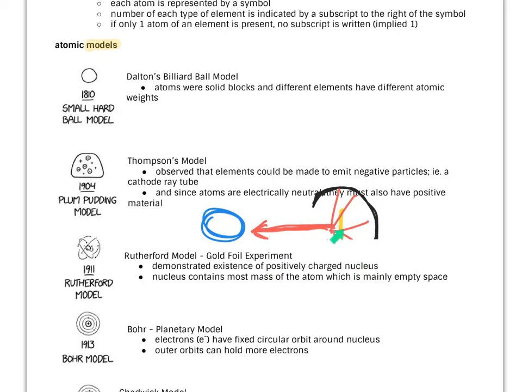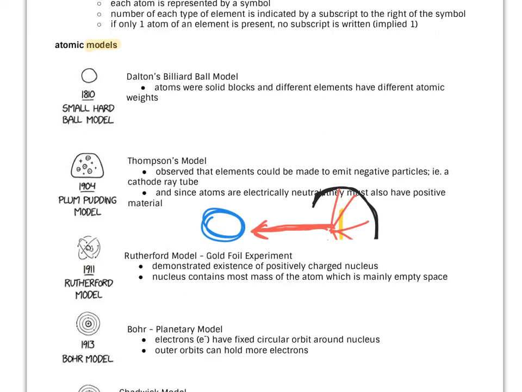There has to be something pretty dense in the middle of an atom. He also concluded that the nucleus contains most of the mass of the atom, and the rest of the atom is mainly empty space. So that's why he illustrated it this way: in the middle is the nucleus, and the electrons are floating around, but mainly there's a lot of empty space.